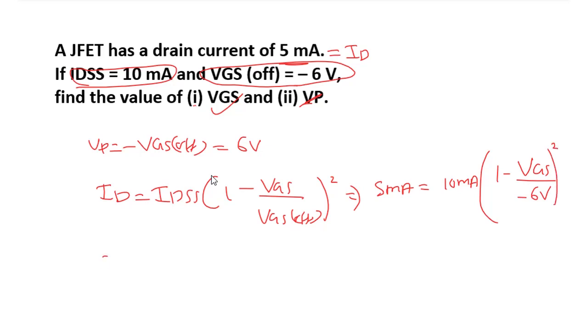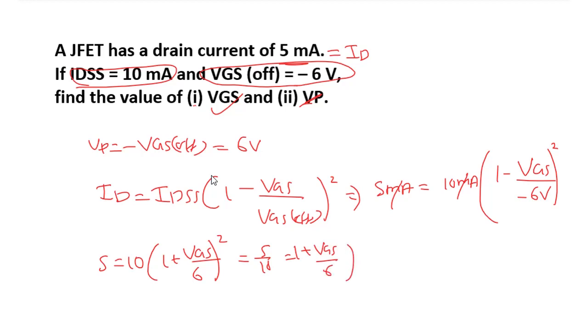So we have 5 is equal to 10, milliampere cancels, into 1 plus VGS by 6, whole square. So 5 by 10 is equal to 1 plus VGS by 6, whole square, or 1 plus VGS by 6 is equal to root of 5 by 10.